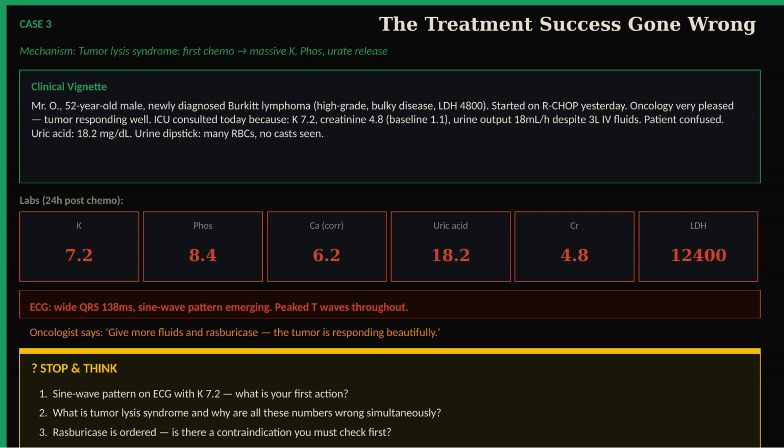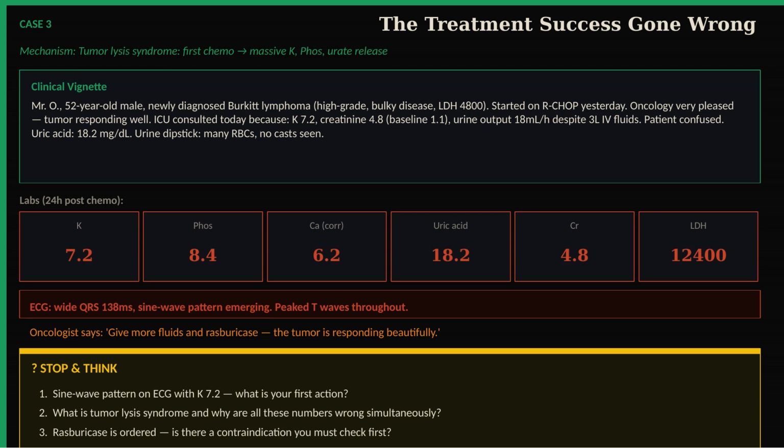He's confused. His uric acid is 18.2, his phosphate 8.4, his corrected calcium a low 6.2, and the LDH is now over 12,000. The ECG shows a wide QRS and an emerging sine wave pattern with peaked T waves throughout.